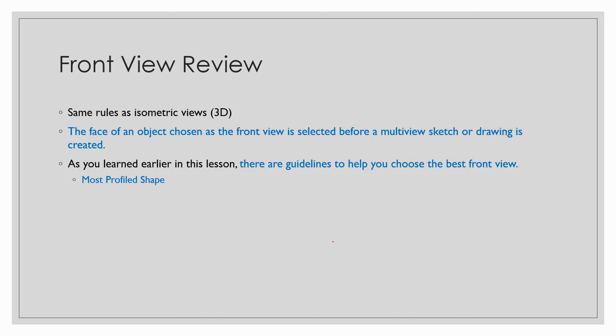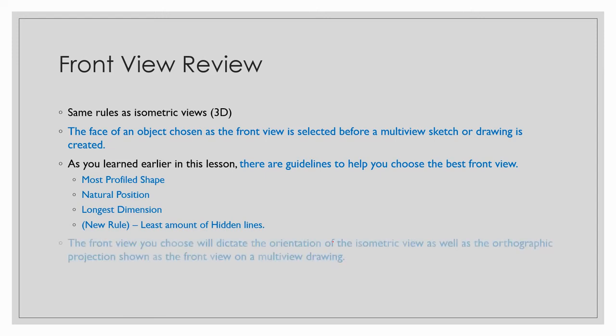So again, it's the most profiled shape. It's the natural position of the shape. It also includes the longest dimension if possible. And there's a new rule as well that we'll talk about more later, and that's the least amount of hidden lines. And so the front view you choose will dictate the orientation of the isometric view as well as the orthographic projection shown as the front view on a multi-view drawing.